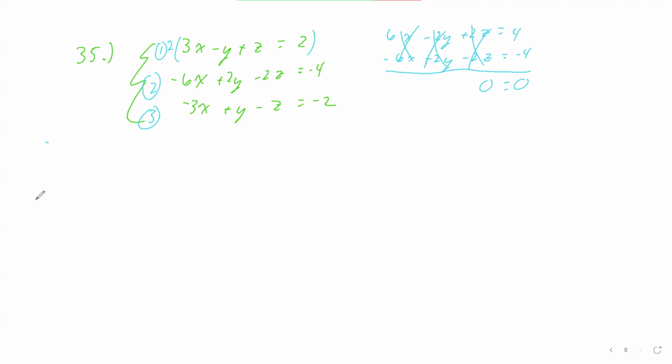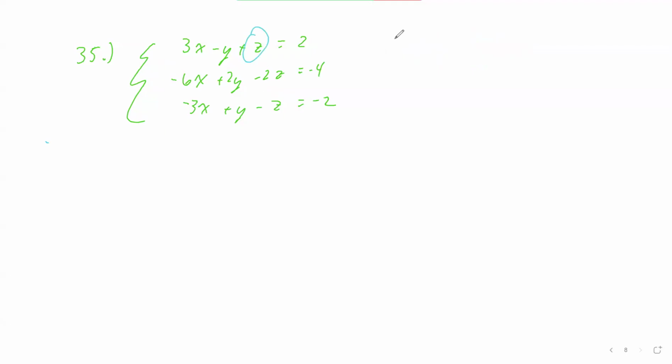Just choose to solve for a letter. Doesn't matter to me. All right, so we'll look at this. Let's solve for z.